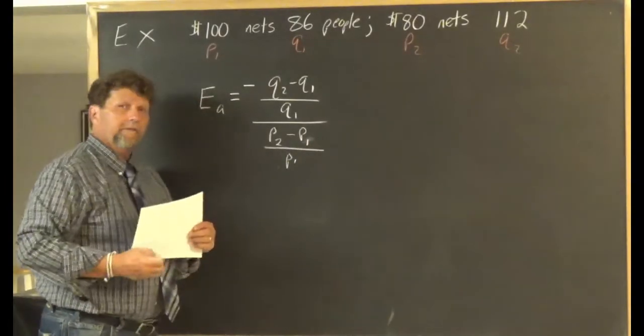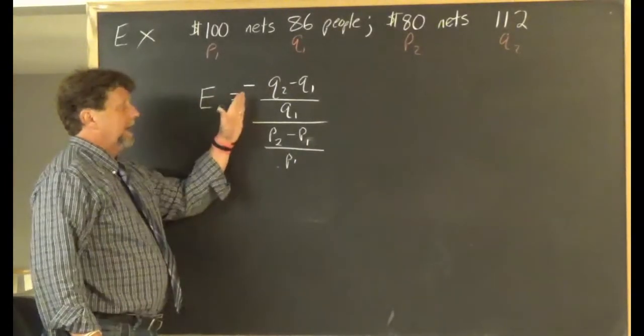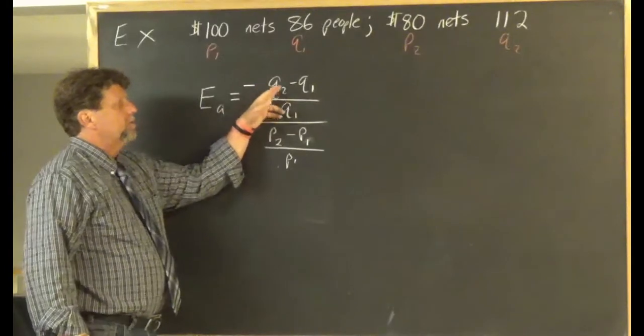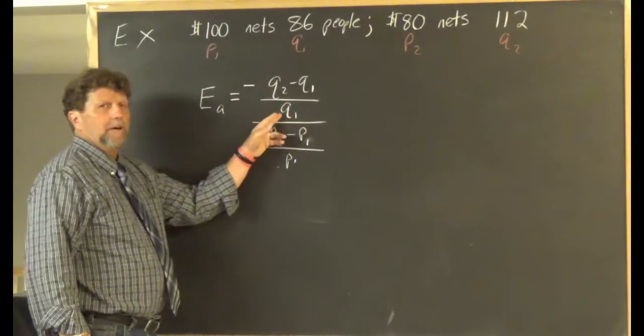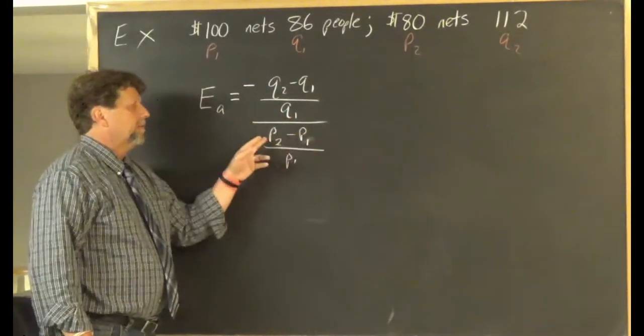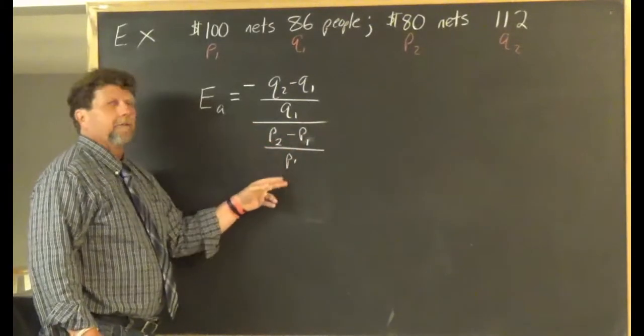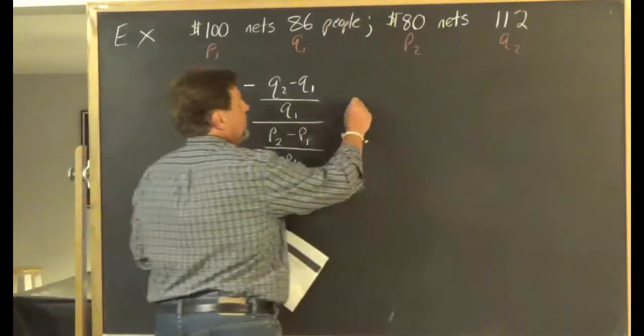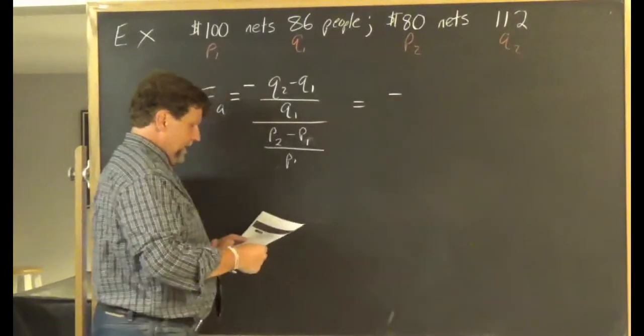So here's the formula for arc elasticity. It's the opposite of Q sub 2 minus Q sub 1 over Q sub 1, all of that over P sub 2 minus P sub 1 over P sub 1. So just substituting in the numbers.